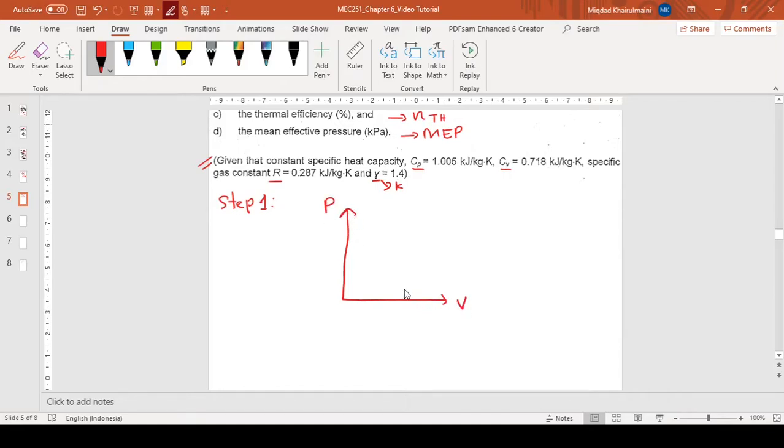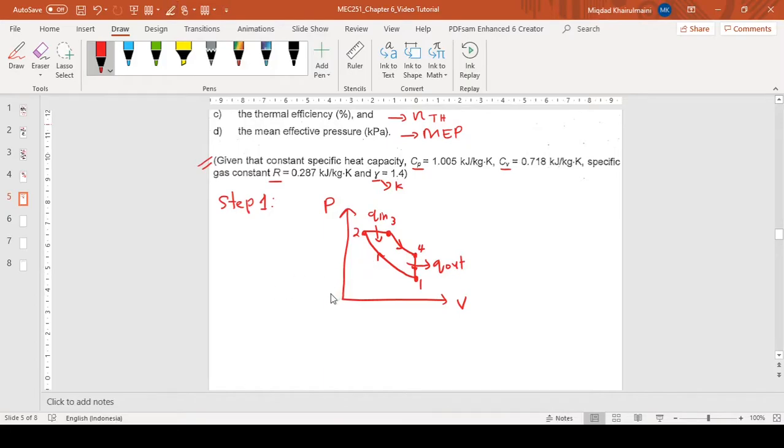For a diesel cycle, state 1 is the lowest state, isentropic compression to state 2, and then the constant pressure heat addition to state 3, and then the isentropic expansion to state 4, and finally the constant volume heat rejection to state 1. Okay, so this is the PV diagram for the diesel cycle.